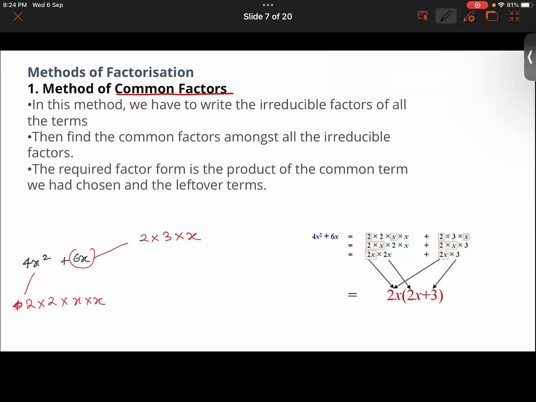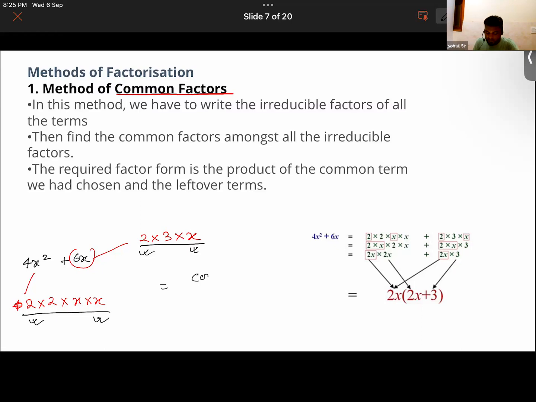Ahmed and Arham, you see what is common between the factors of the two terms 4x square and 6x here. 2 is common. Very good. And x is common here. So what you will do now? You will write the common term, that is 2x.